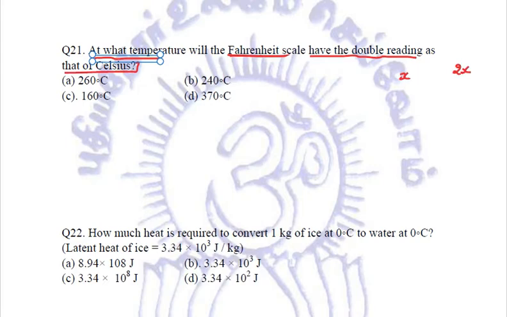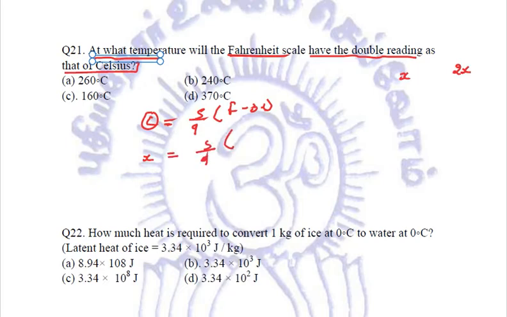In order to know the temperature, we need to know the relation, and the relation is: temperature on Celsius scale C is equal to 5 by 9 into (F minus 32). Just putting the values, we will write X in place of C and 5 by 9 as it is.